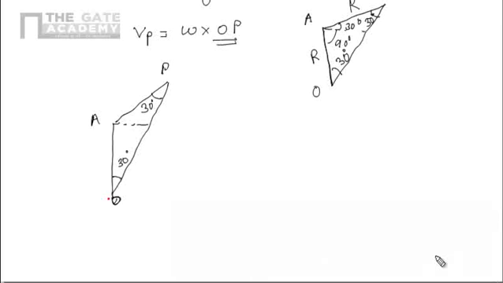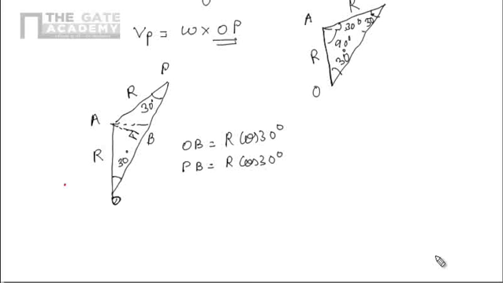Now if we draw a perpendicular from A on OP, it will be like that. Suppose this point is B. So now we are having AOB right angle triangle. This is R, this is R. So we can easily find out OB. The value of OB is nothing but R cos 30 degree. Similarly, the value of PB is nothing but R cos 30 according to the diagram here.